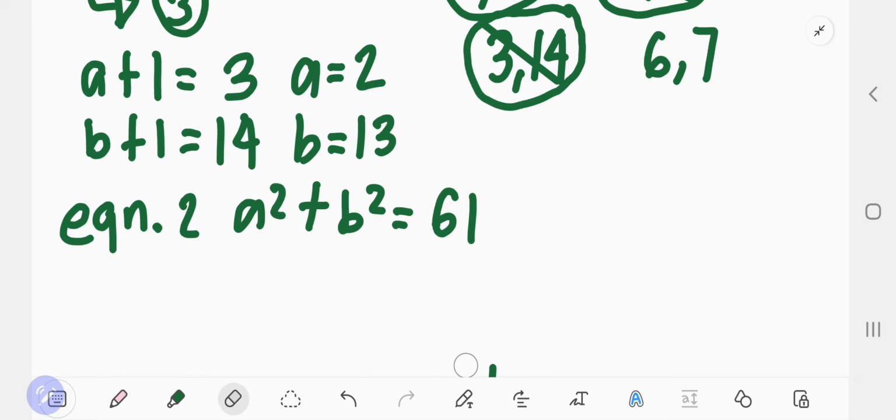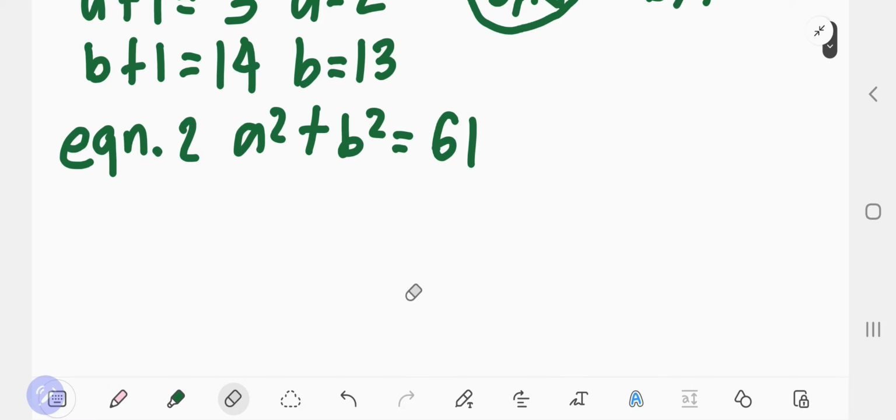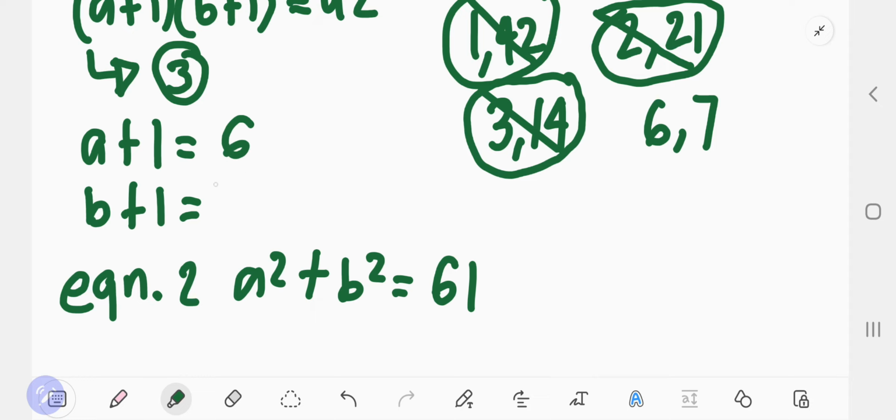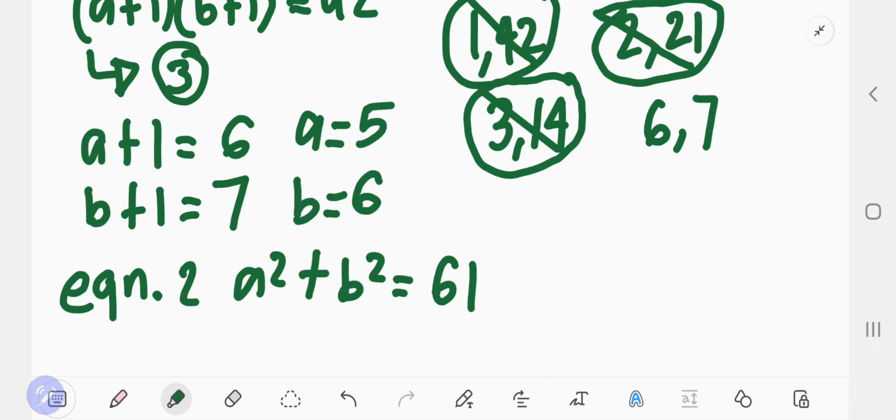Let's try 6 and 7 as a plus 1 and b plus 1 respectively. A plus 1 is 6 and b plus 1 is 7. We can subtract 1 from both sides of both equations. So a is equal to 5 and b is equal to 6.